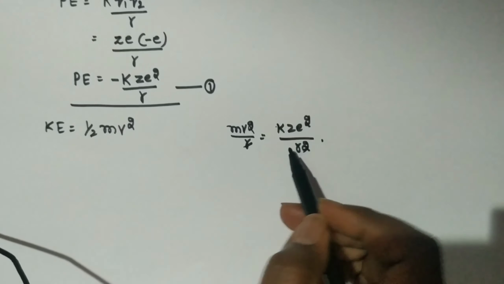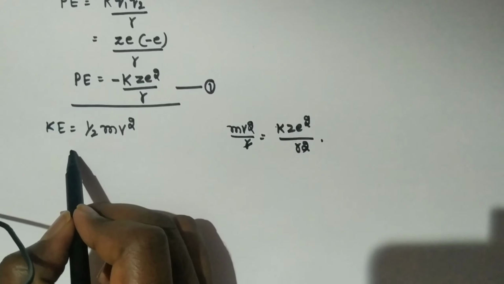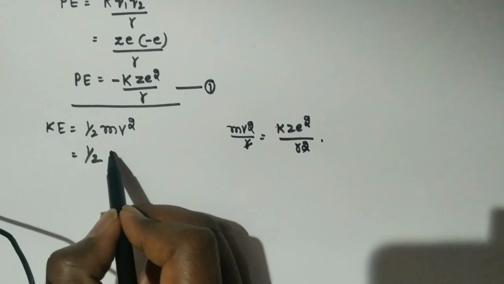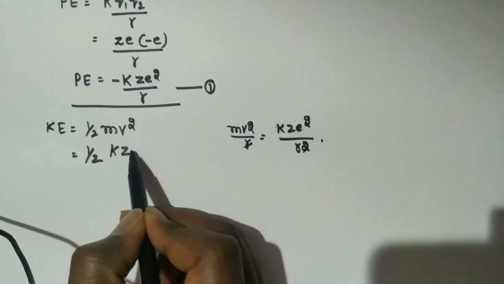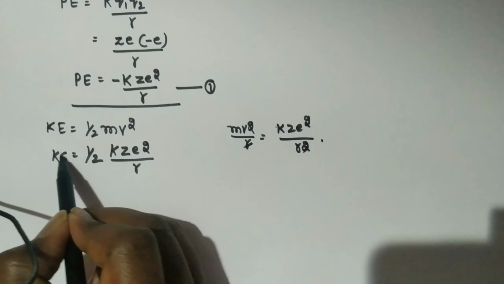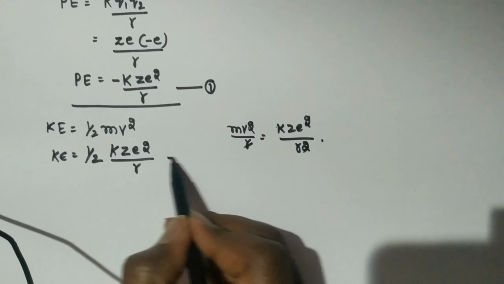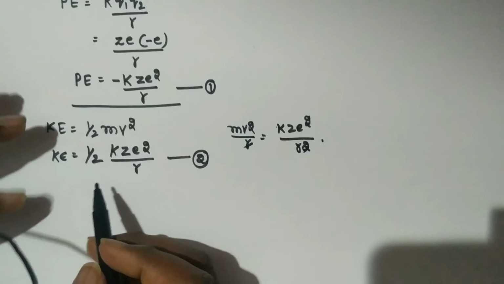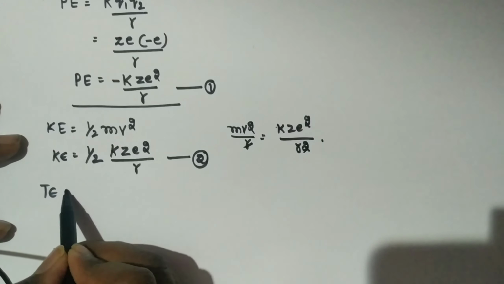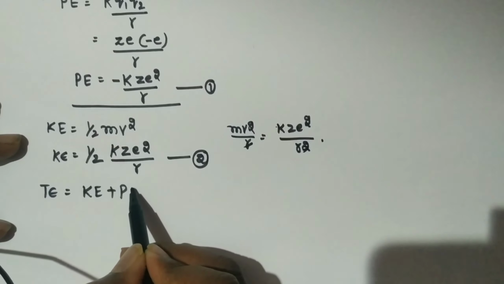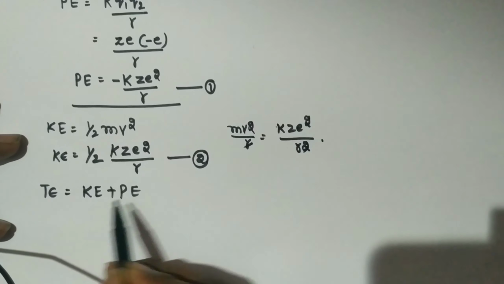We substitute this here, so this will become half. In the place of mv square we can write K Ze square upon r. So this is KE. Now we will sum this KE and PE, we will get the total energy.